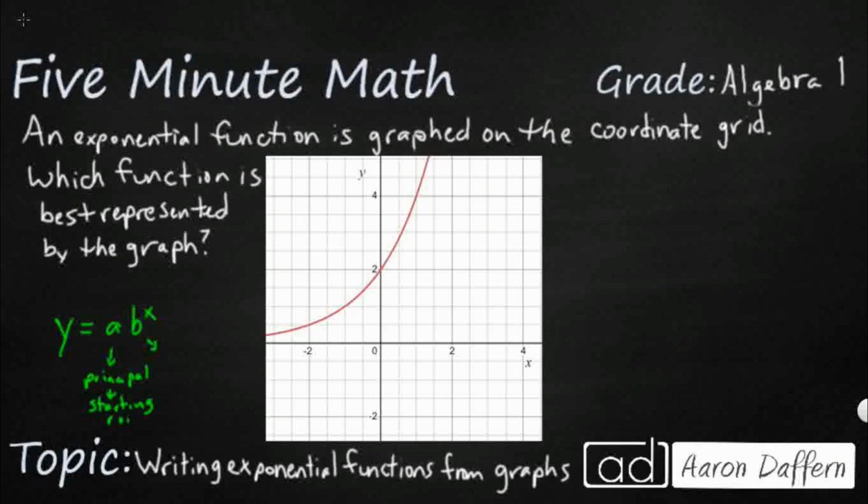And then we're going to be typically multiplying it by this B, which is some type of rate of change. And it's either going to be a growth rate or a decay rate, depending on whether it's increasing or decreasing. And then this X is usually some type of time factor. How many months, how many years, if it's growing exponentially or decaying exponentially.